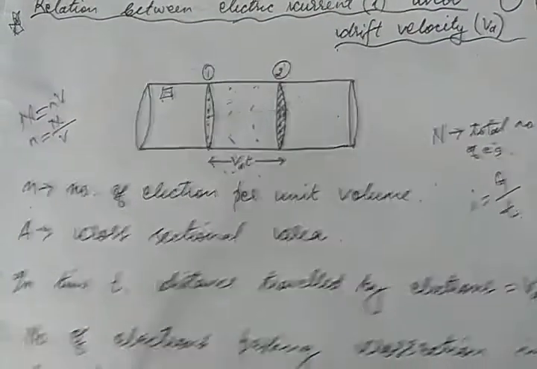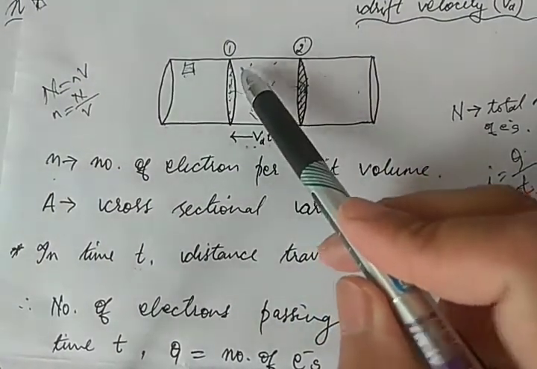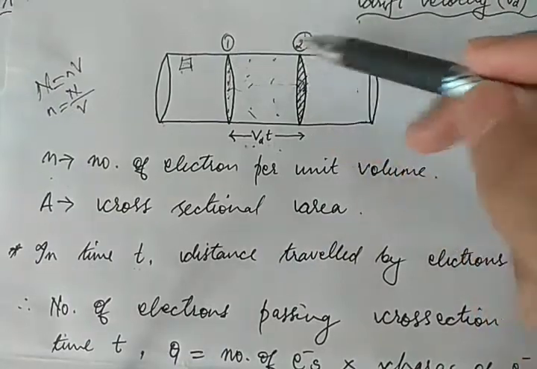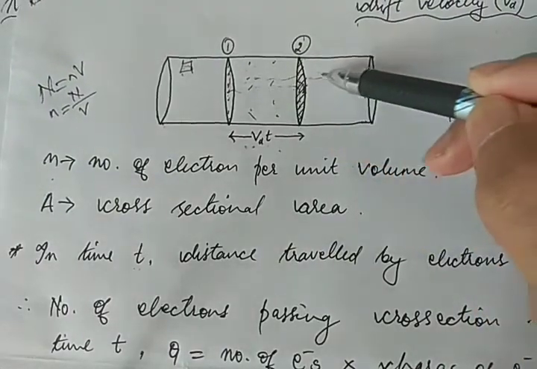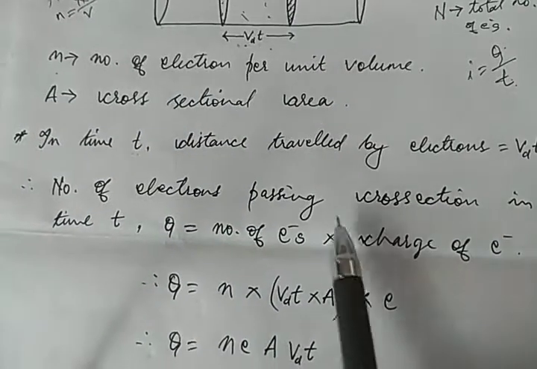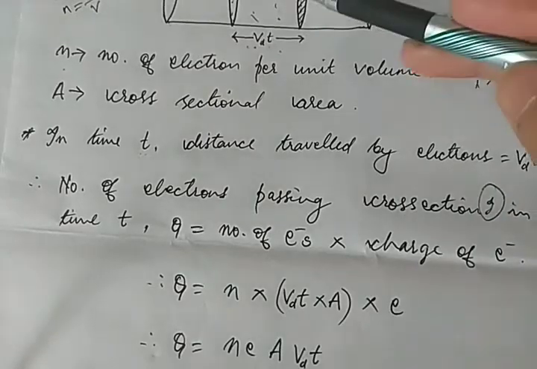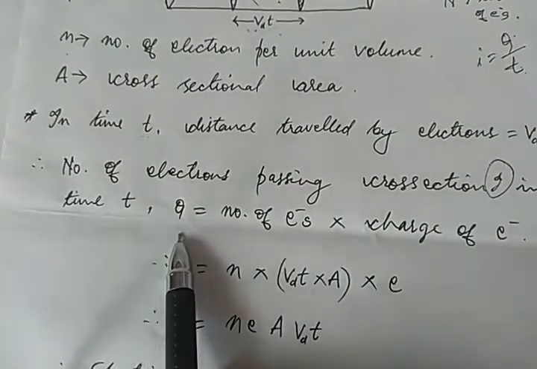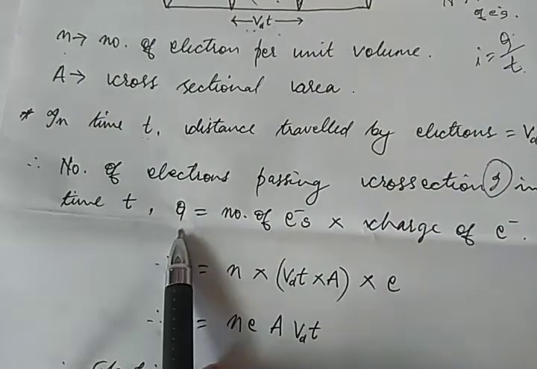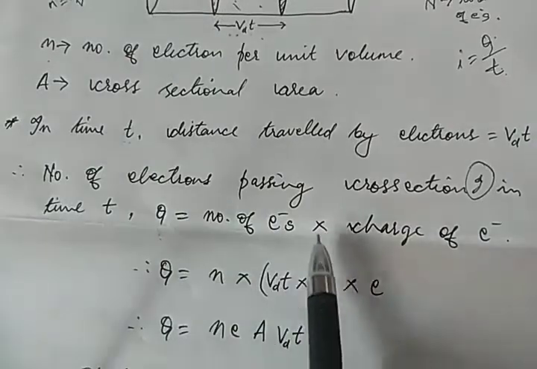So all of the electrons in the region between 1 and 2 are going to cross cross section 2. Therefore, the number of electrons passing the cross section 2, or the shaded area, in time t, let us call that charge q, will be the number of electrons into the charge of the electron.